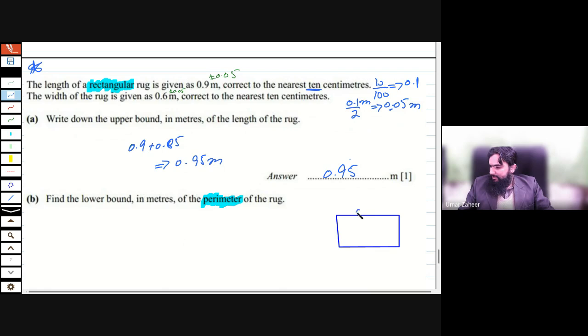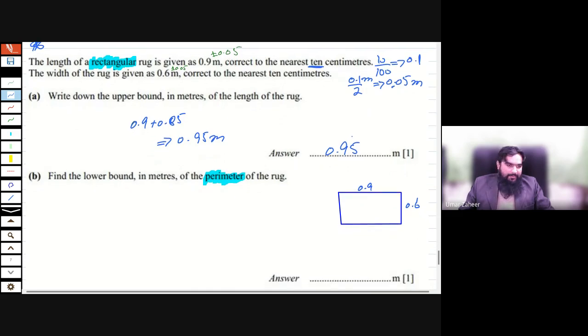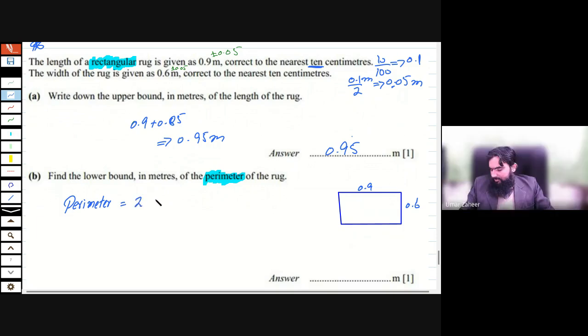It is given that it is 0.9 and it is 0.6. What is the formula to find the perimeter of a rectangle? 2 into length plus width.